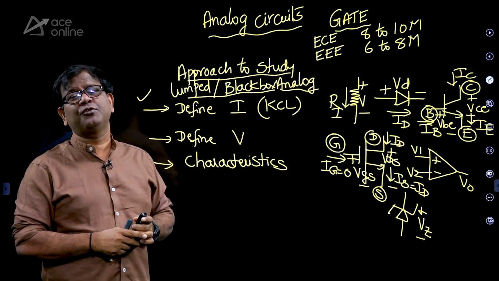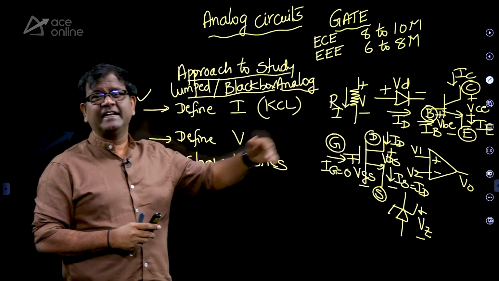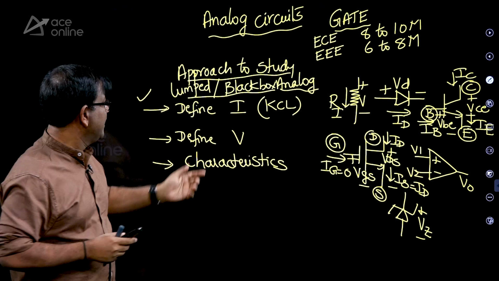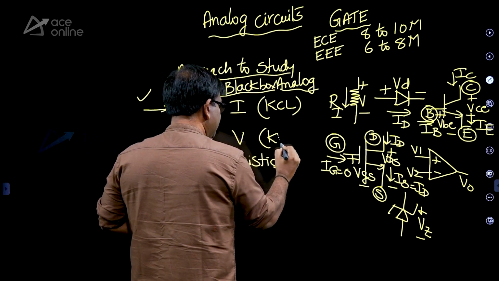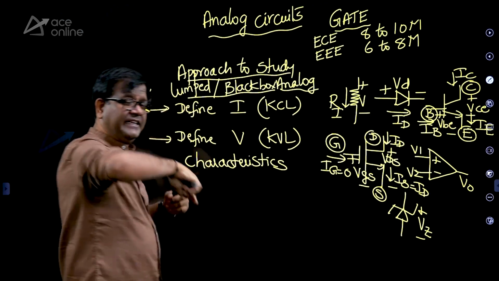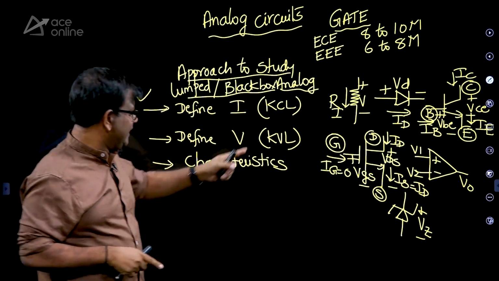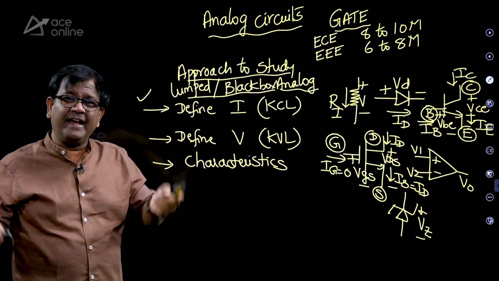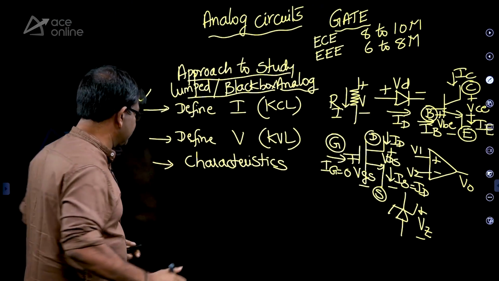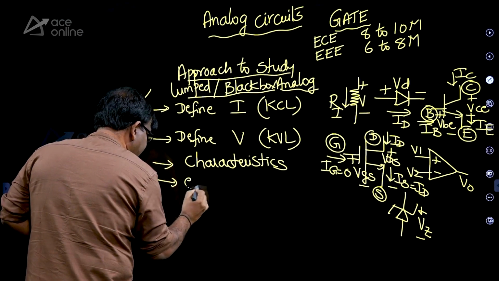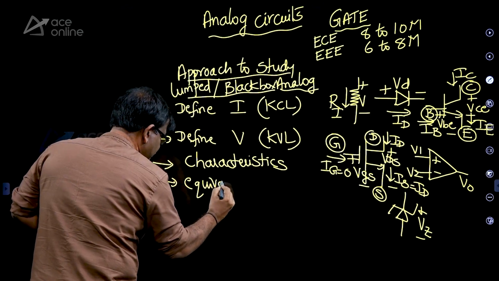He doesn't have to talk about the interaction inside. He doesn't have to talk about the interaction outside, because Kirchhoff will take care. The day you are applying KVL, you are neglecting the interaction outside. The day you are applying KCL, you are neglecting the interaction inside, and you are worrying only about what? Characteristics. From the characteristics, you will get an equivalent circuit or model.